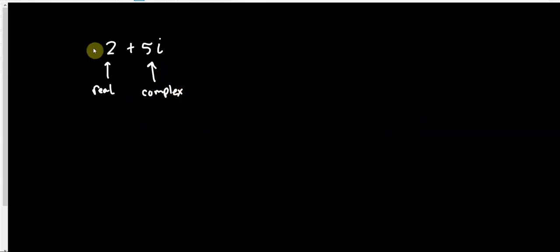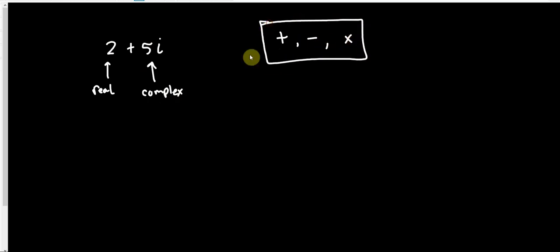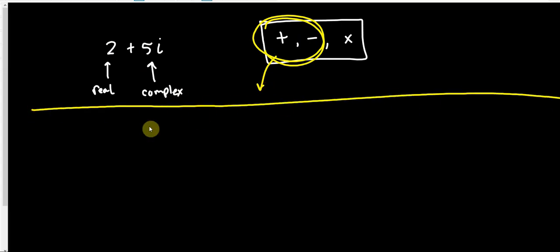We can write them in this way, and that's what I'm going to show you for all the operations we're going to want to do. We're going to focus on adding, subtracting, and multiplication. We want to make sure we can do that with our complex numbers. Adding and subtracting are really easy and really much the same thing. So let's do an example of each, and you will see what I mean.